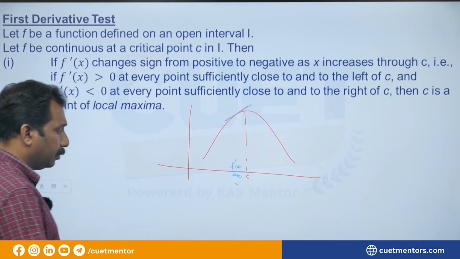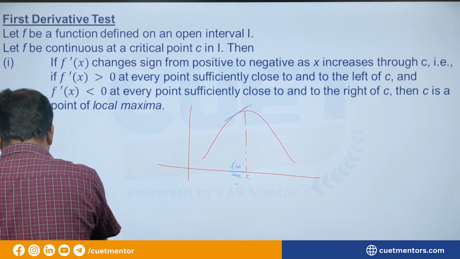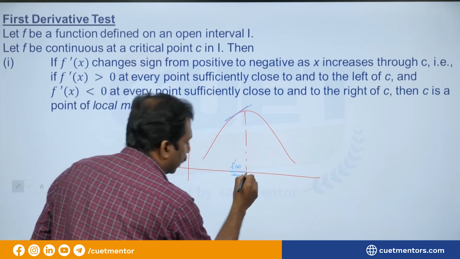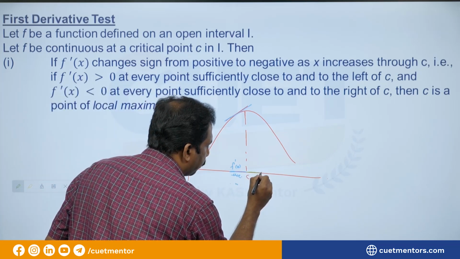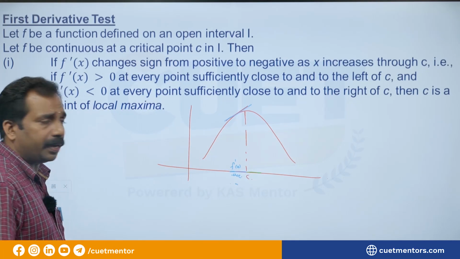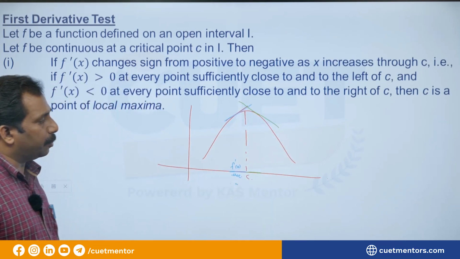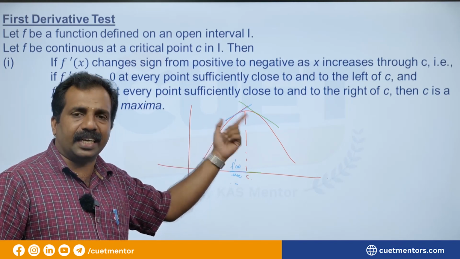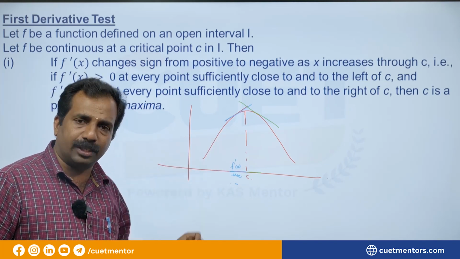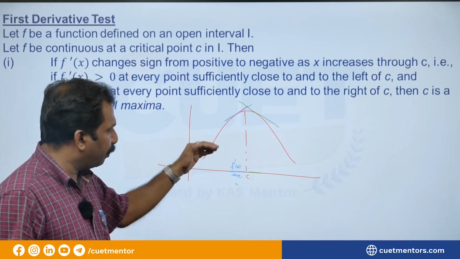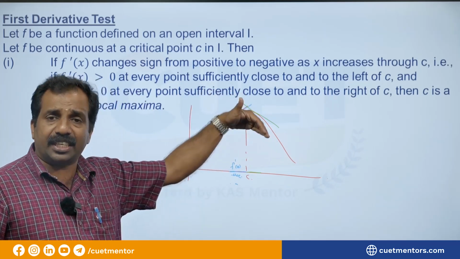After C, what happens? The tangent slope will be like this. It makes an angle which is greater than 90 degrees, so tan theta should be negative. And we know that if a function is decreasing, f dash x should be negative.